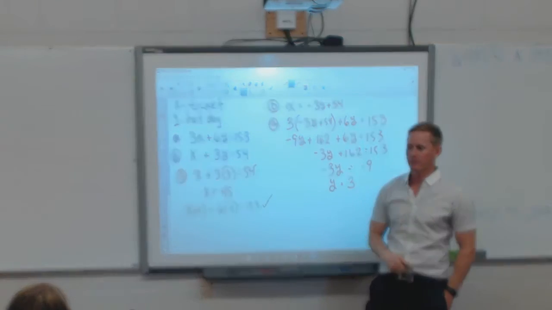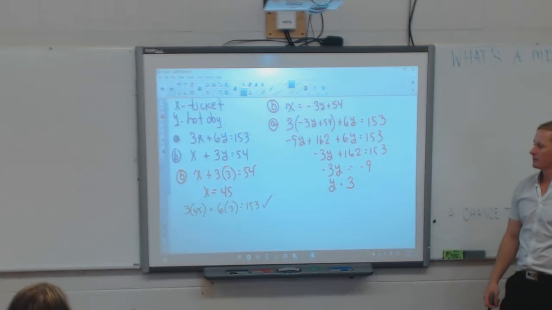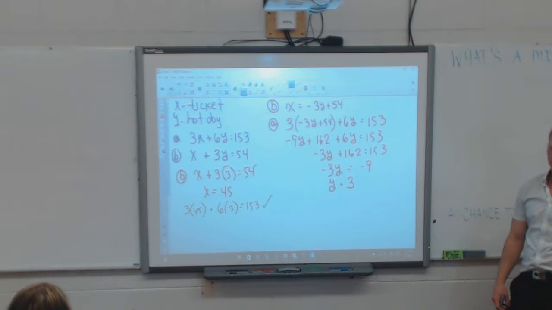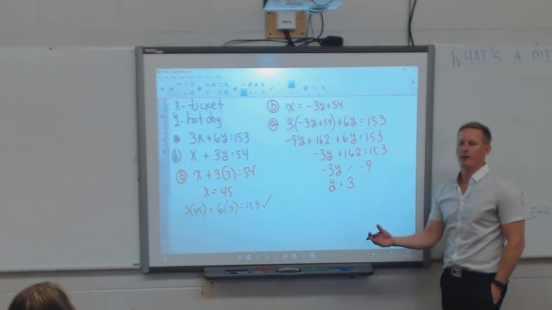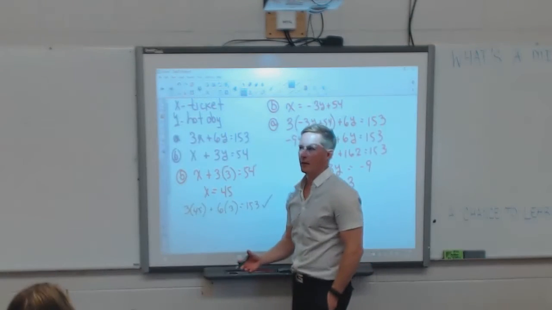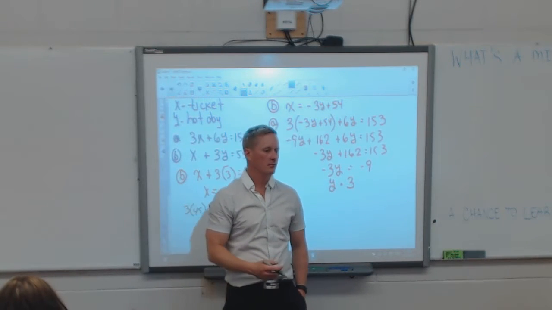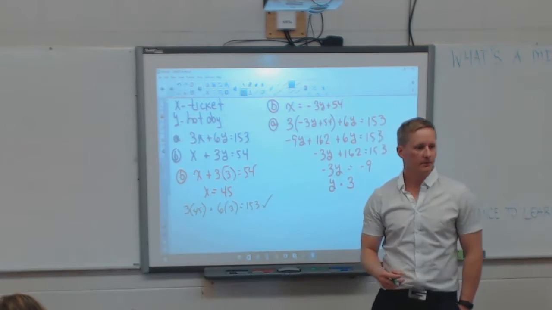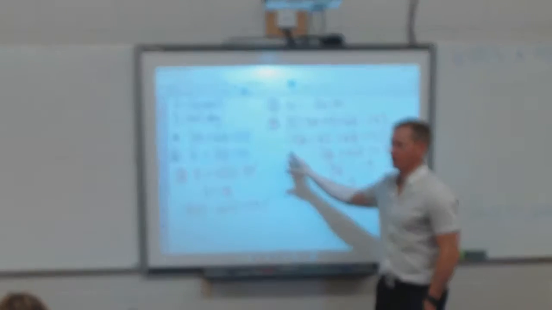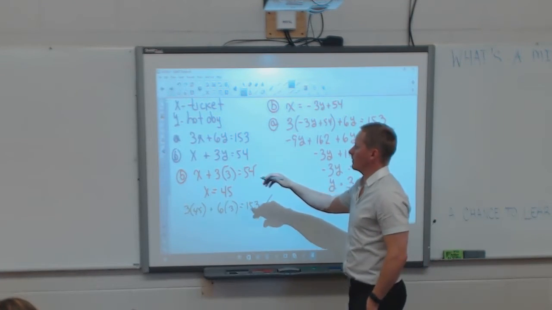I got it right. Again, isolate the easiest variable that there is, and then use the substitution. Any questions about this one? All right, let's try one on our own.